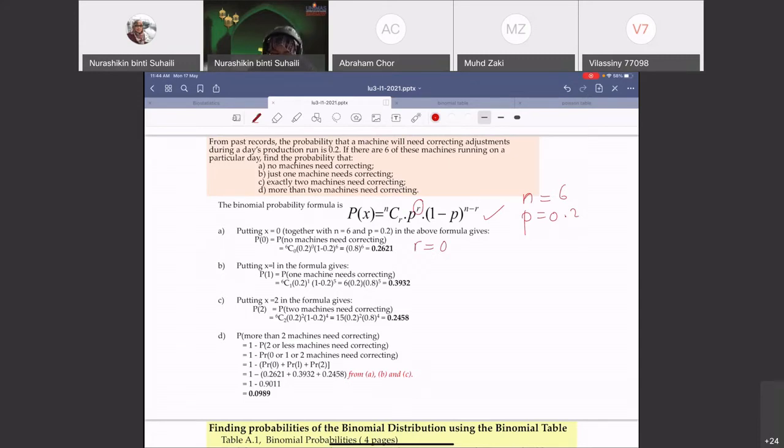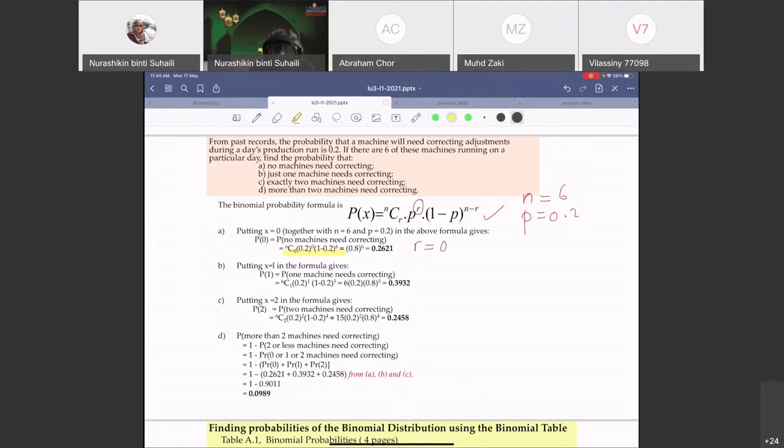So you know what N is, so it should be written as 6C0. If you refer to the solution over here, 6C0, because we have substituted the values. P is 0.2 to the power of R, R is 0. 1 minus 0.2 to the power of N minus R, N is 6, R is 0.